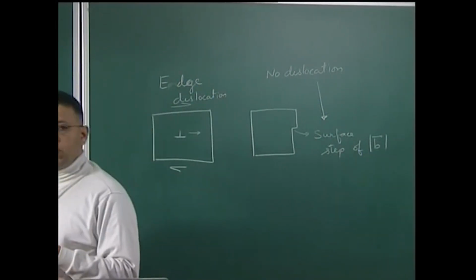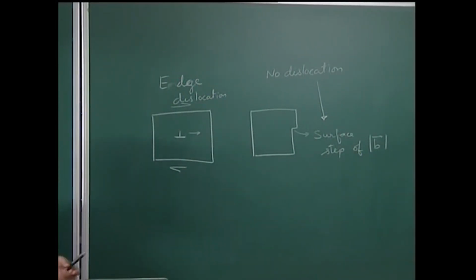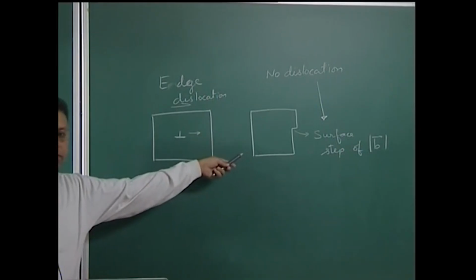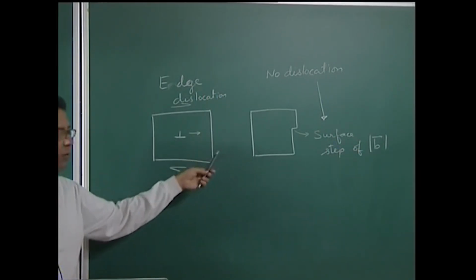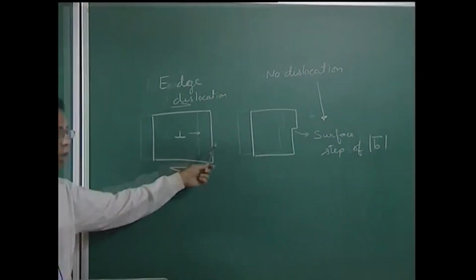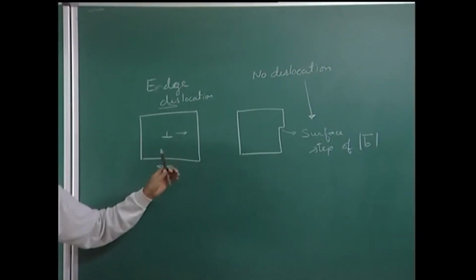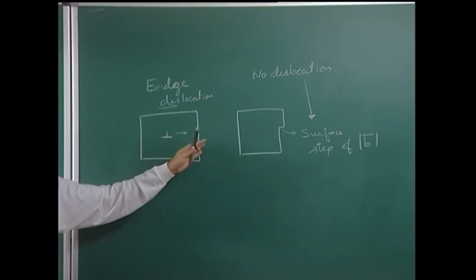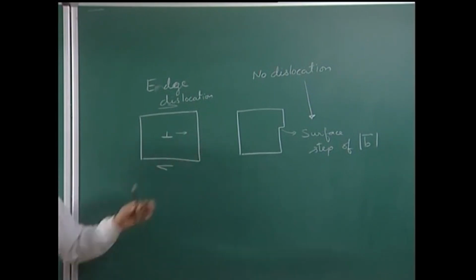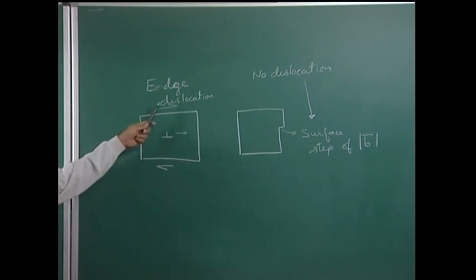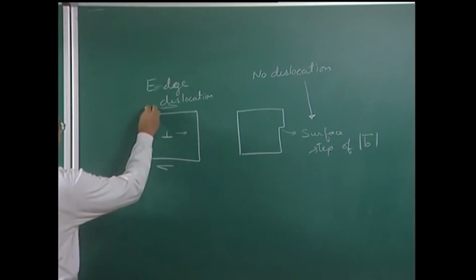And the long range stress field associated with the dislocation has vanished when the surface step forms. Therefore, you can clearly see one defect has evolved into another defect, and in the process the energy of the system has been lowered, and this is being mediated by an externally applied shear stress tau.